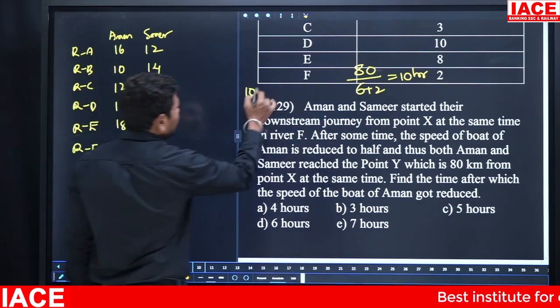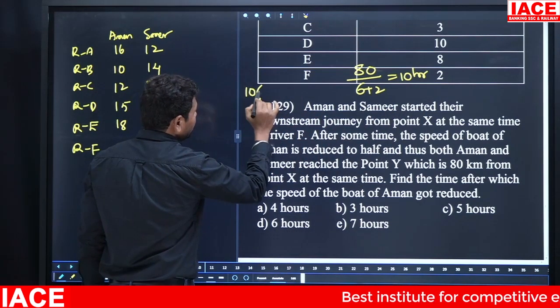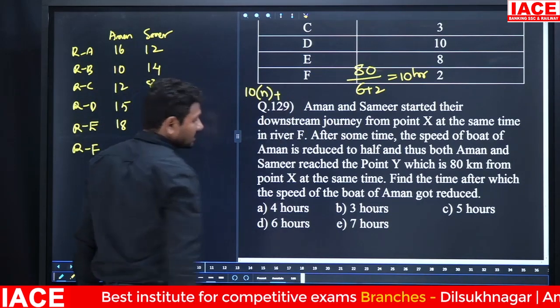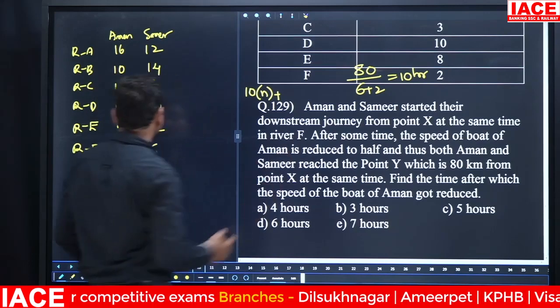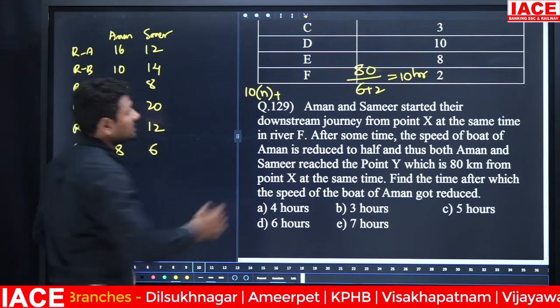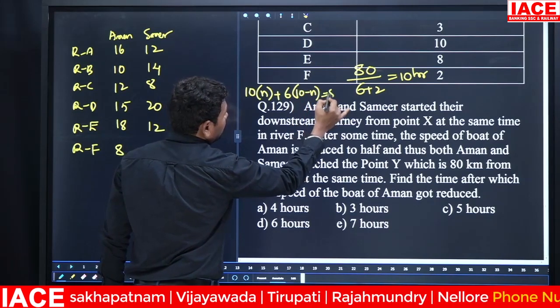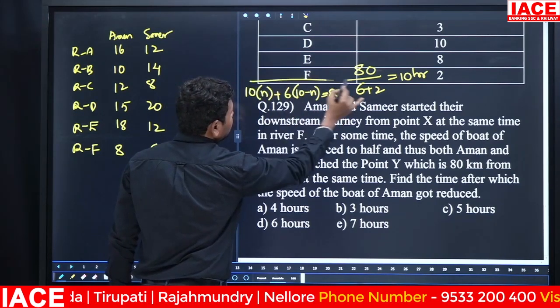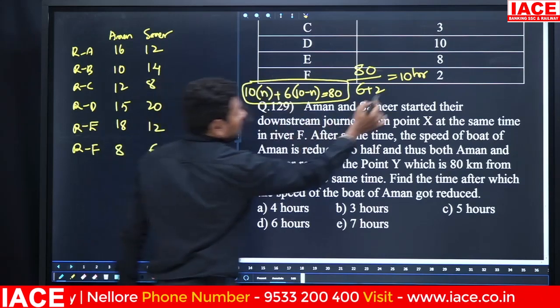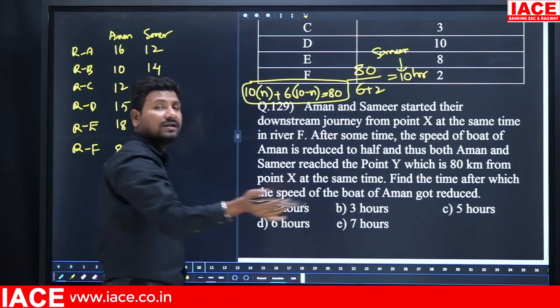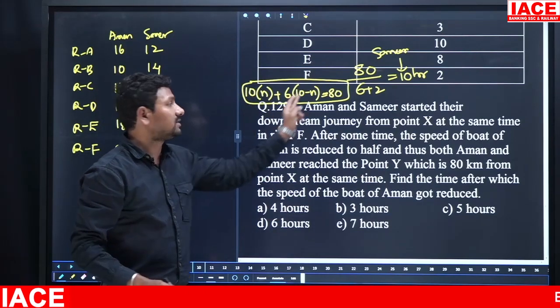10 kmph. The first speed is 10, for n hours, plus now his speed becomes half of 8, which is 4. 4 plus 2 is 6, so 6 times (10 minus n). The total journey is how many kilometers? 80 kilometers. Because Samir takes 10 hours, Aman also takes 10 hours: first n hours, next 10 minus n hours.